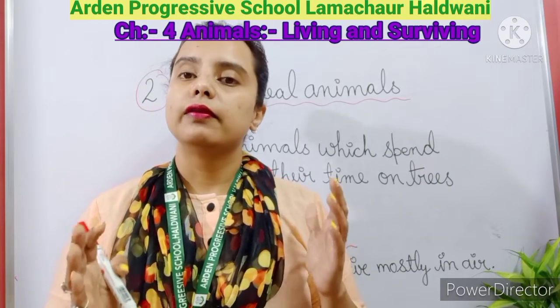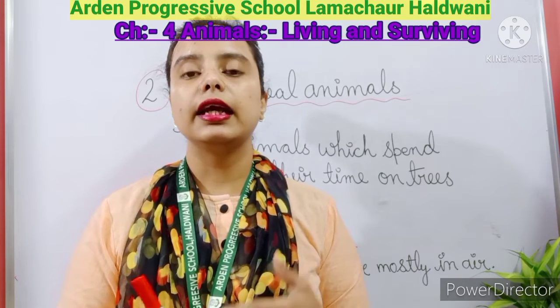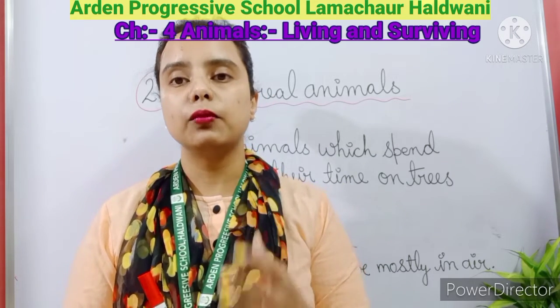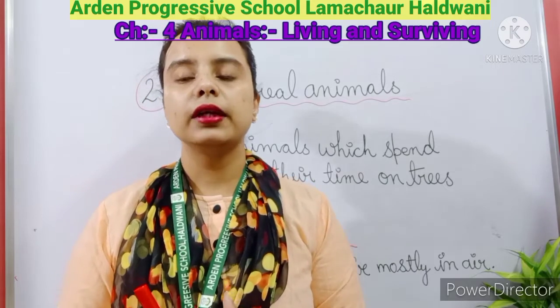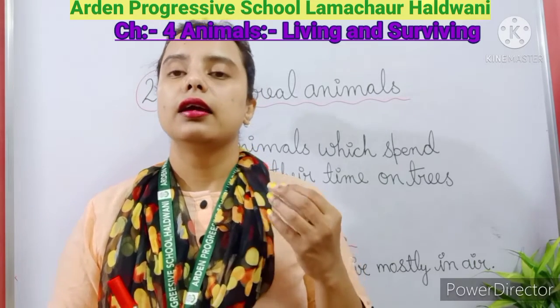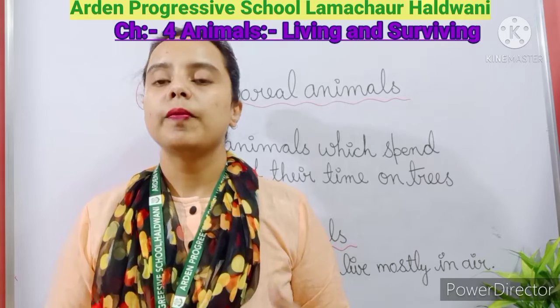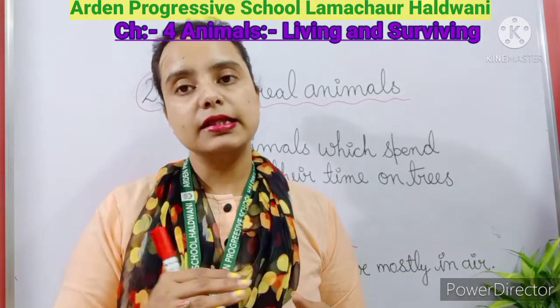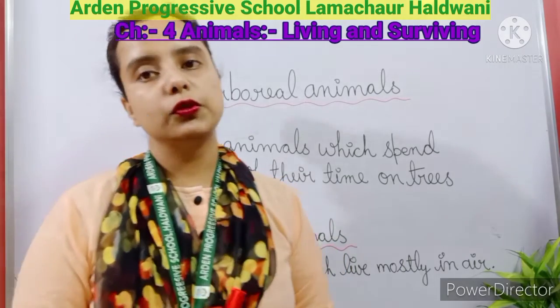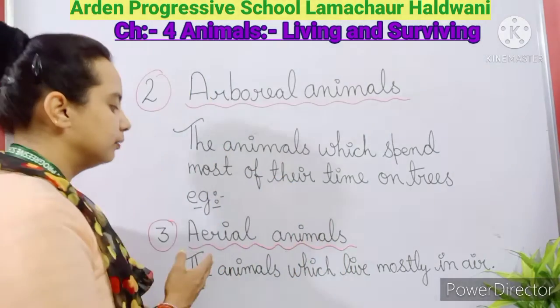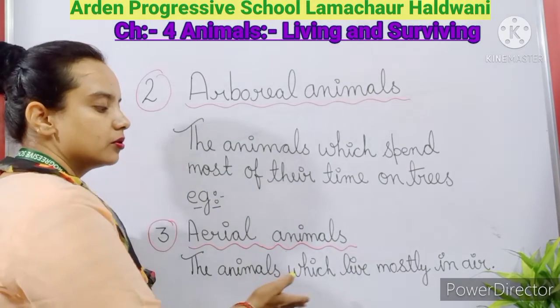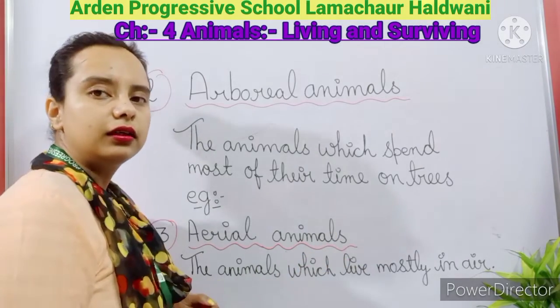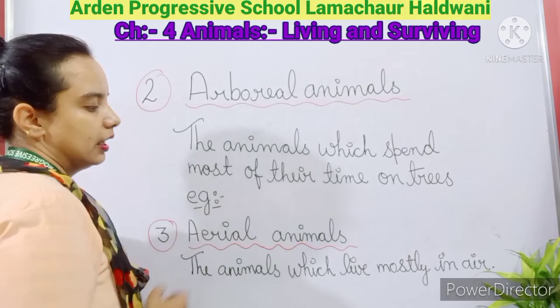For example, they have a very light body, and they have light weighted bones, means their bones are hollow. They are not rigid. The bones of the birds are hollow, and their body shape is like a boat. So this feature helps the bird to fly, and the animals which spend most of the time in air are known as the aerial animals.